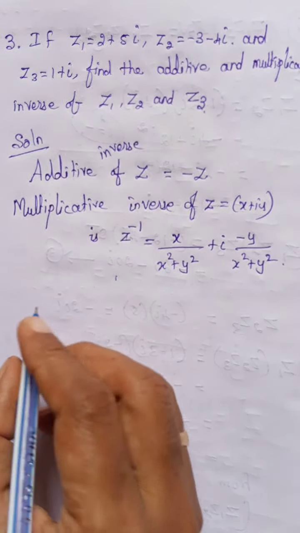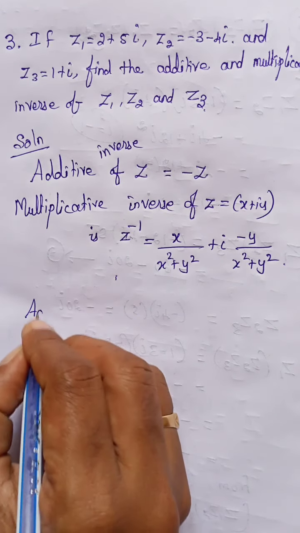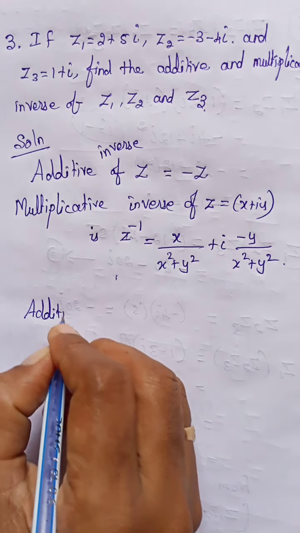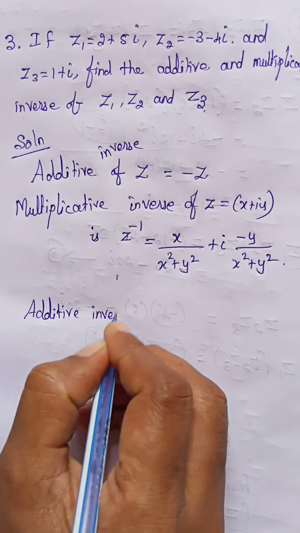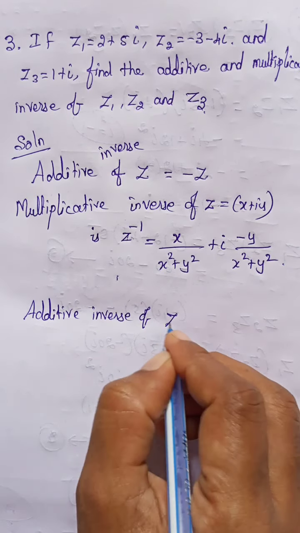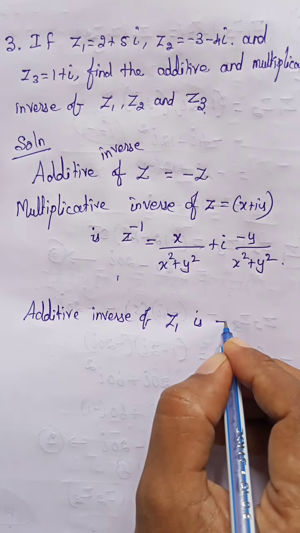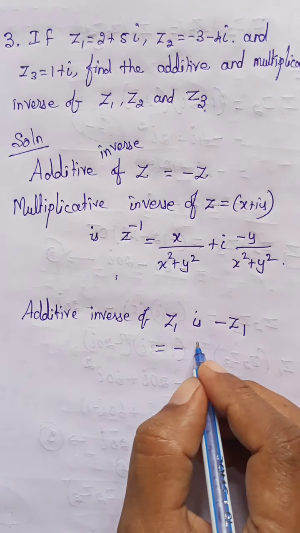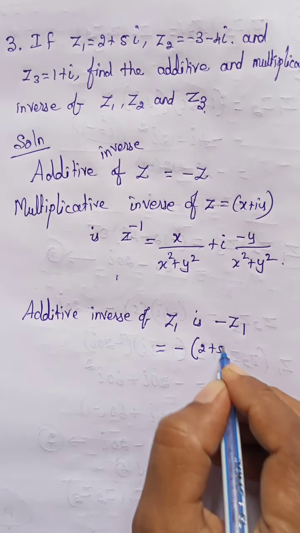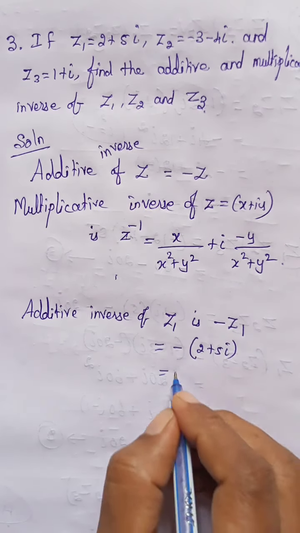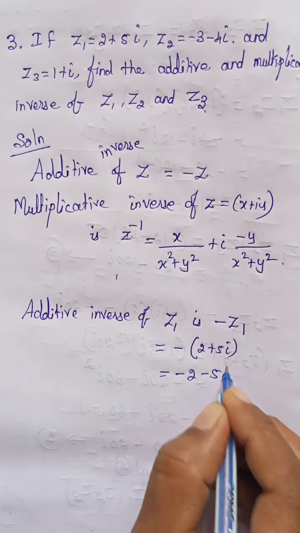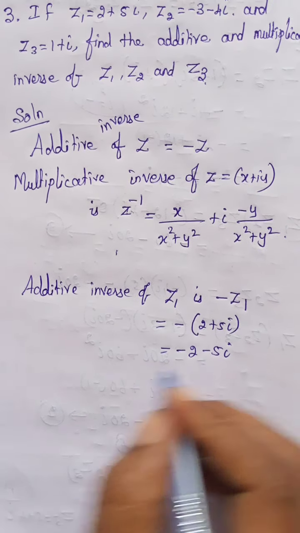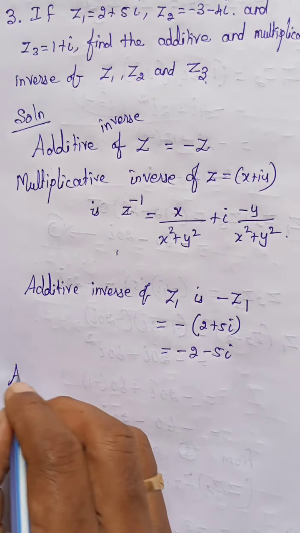Okay. Now you can write the additive inverse of Z1 is, what is that? Minus Z1, isn't it? So minus Z1, 2 plus 5i. Give the minus inside. Minus 2 minus 5i. Is that clear?